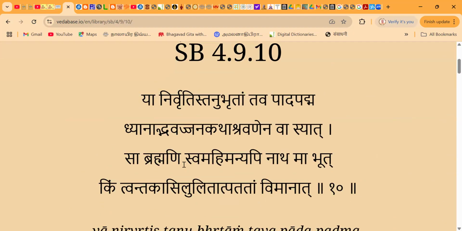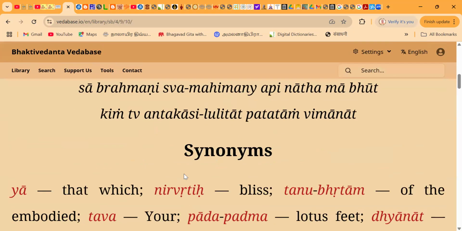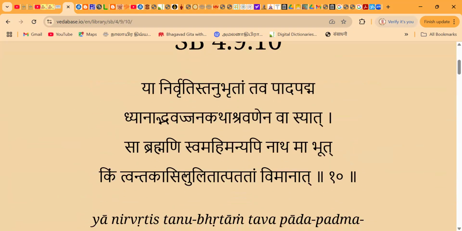So we see a very beautiful shloka. Ya nirvritis tanubhritam tava pada padma. Nirvriti means what? The bliss. Ya nirvritis tanubhritam: the bliss for your servant, which is available by dhyanat, from meditating.